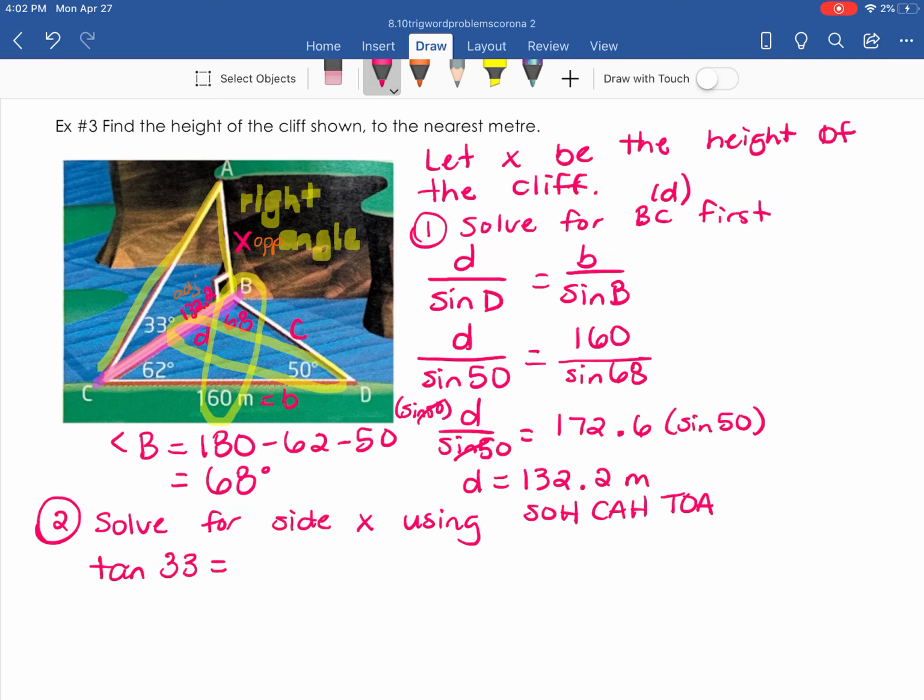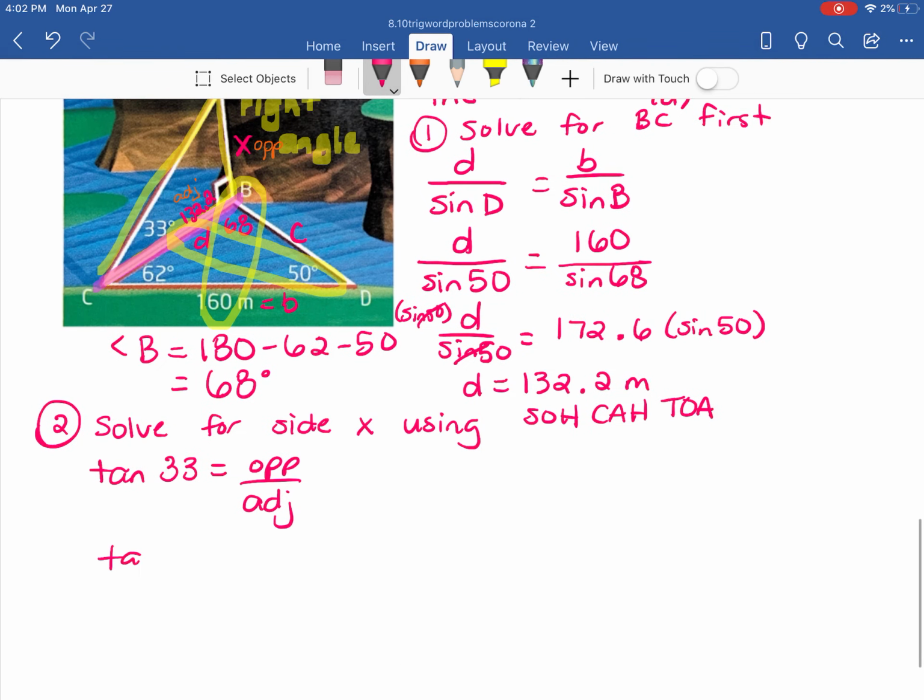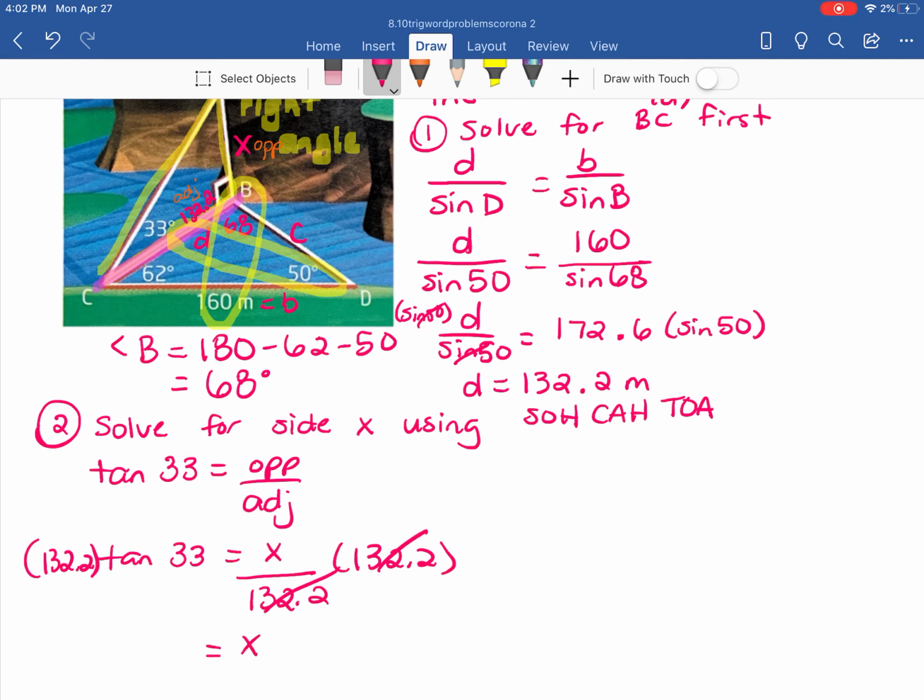So tan 33 is opposite over adjacent, x over 132.2. Now we multiply to get x by itself. So 132.2 times tan 33 is 85.9 meters. Yes, meters. Okay, so we've solved for x.